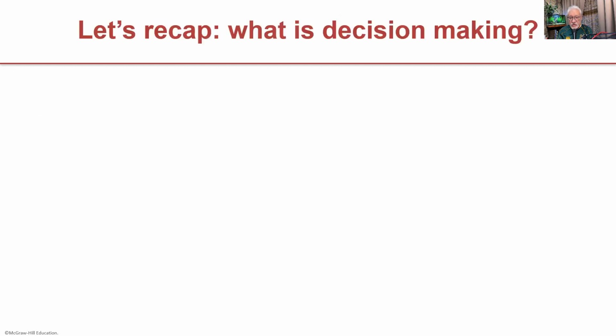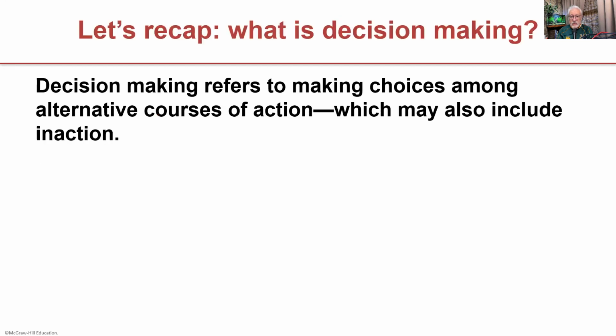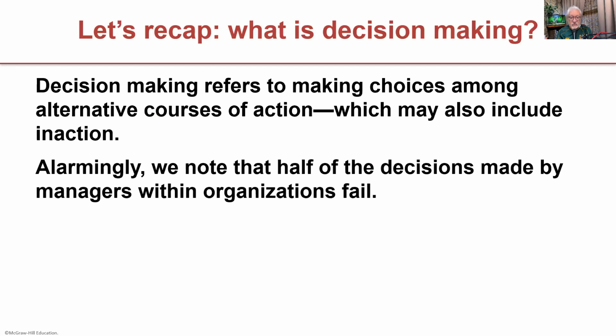The recap I introduce is this. Decision-making is about making choices between alternatives, right? And one of the choices we can make when faced with alternatives is just to do nothing. It's not necessarily an effective choice, but it is a choice. Here's the thing. I'll let you in on a secret.